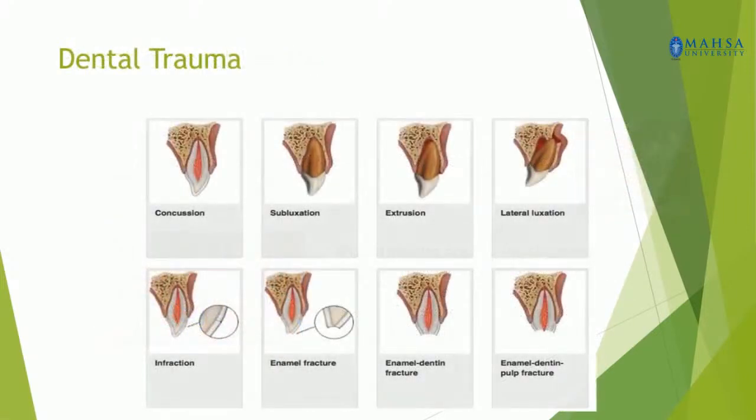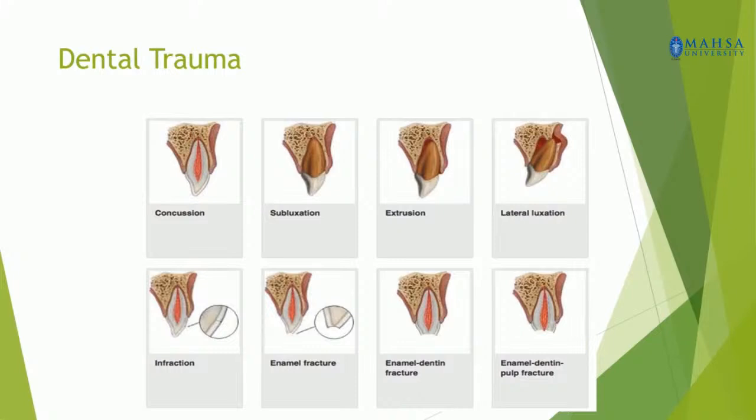The third one is dental trauma. Based on the picture, the first one is concussion. Concussion occurs when the periodontal ligaments that hold a tooth in place are damaged, which leads to discoloration. The second one is subluxation. Subluxation is when the tooth is mobile, not displaced, and has bleeding around the gums.